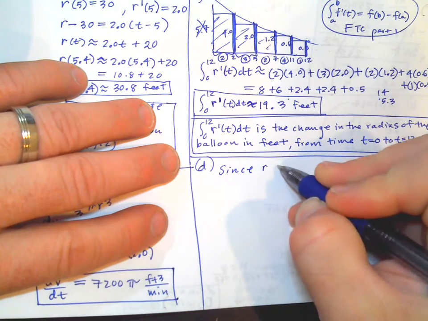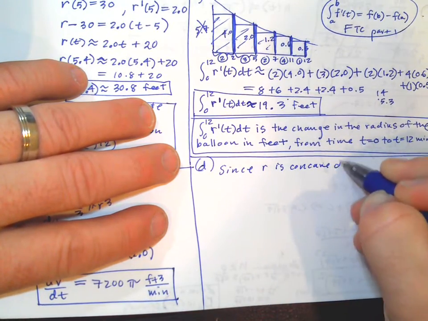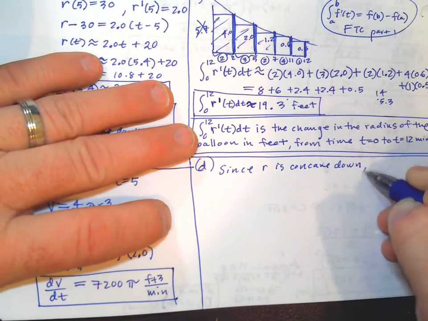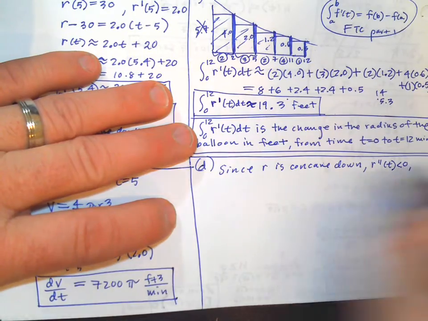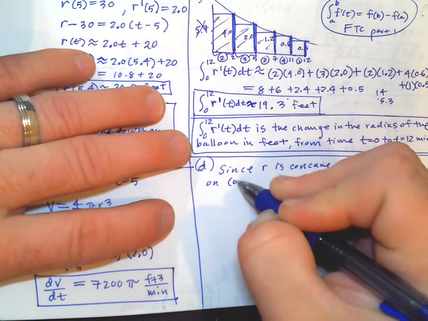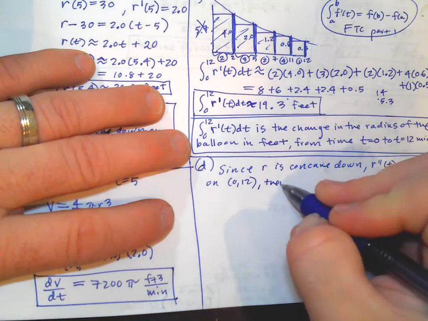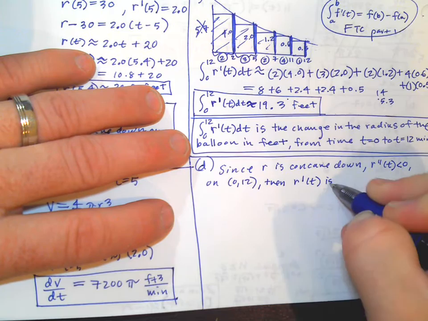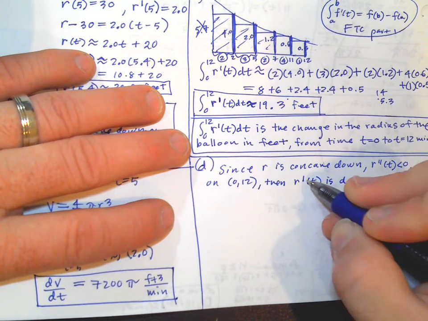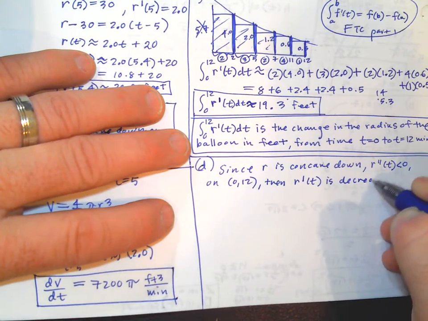So since R is concave down, which is the same thing as R double prime of t is negative on 0 to 12, then R prime of t is decreasing. If the derivative of this is negative everywhere, then that is decreasing.